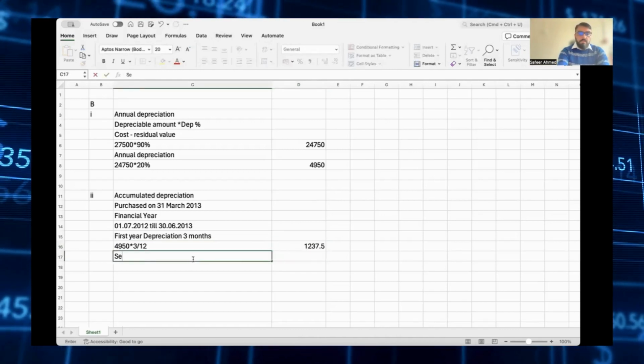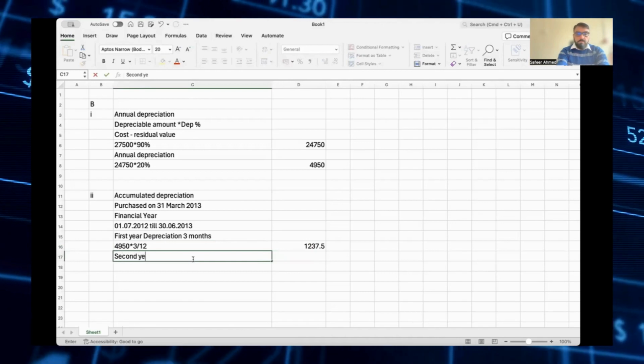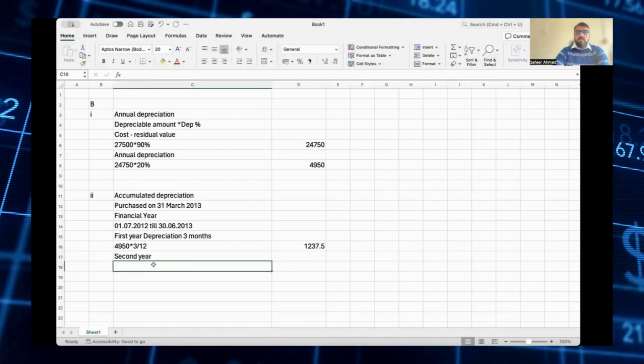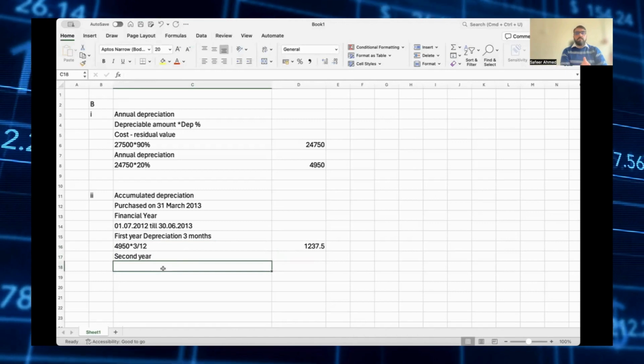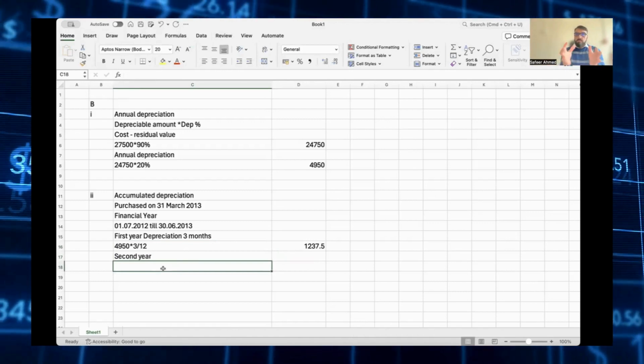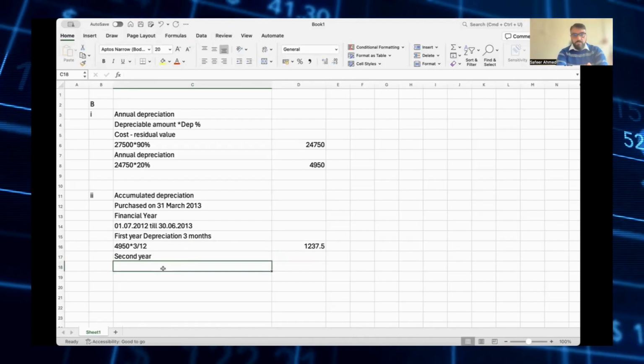What about the second year? So the second year, in other words, will be from 1st of July 2013 until 30th of June 2014.